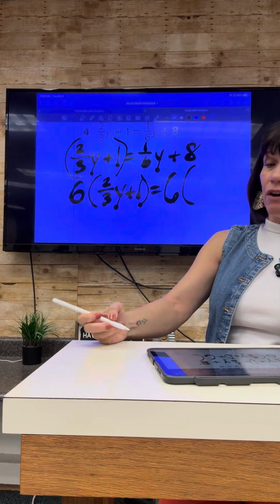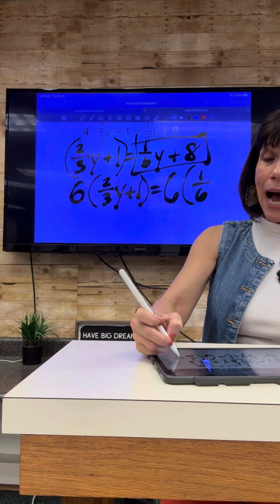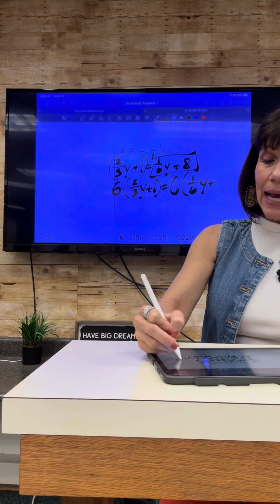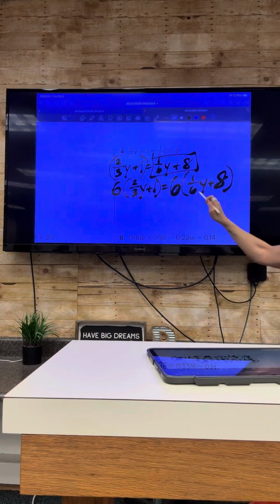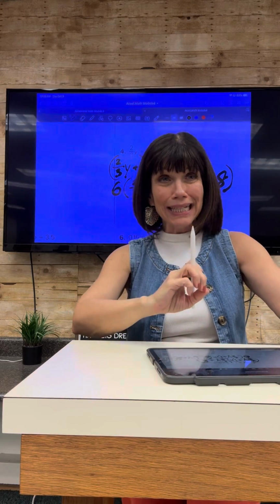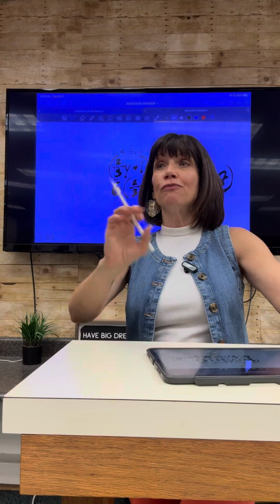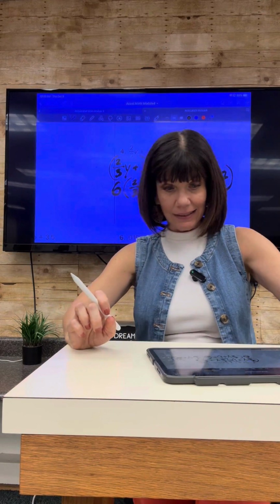So 6 sets of what? What am I going to copy in parentheses? 16y plus 8. So what am I multiplying both sides by? 6. Since I am multiplying both sides by 6, will I end up finding the correct value for y? Yes. All right.